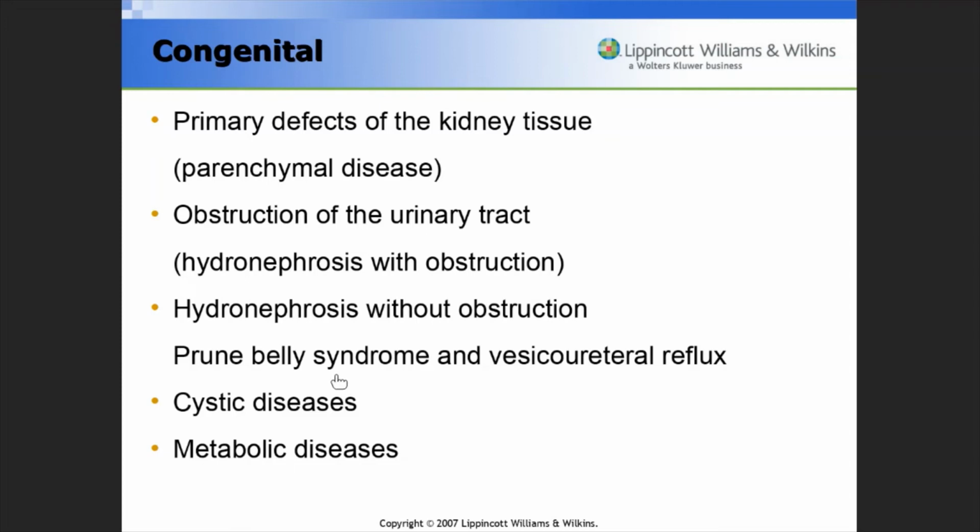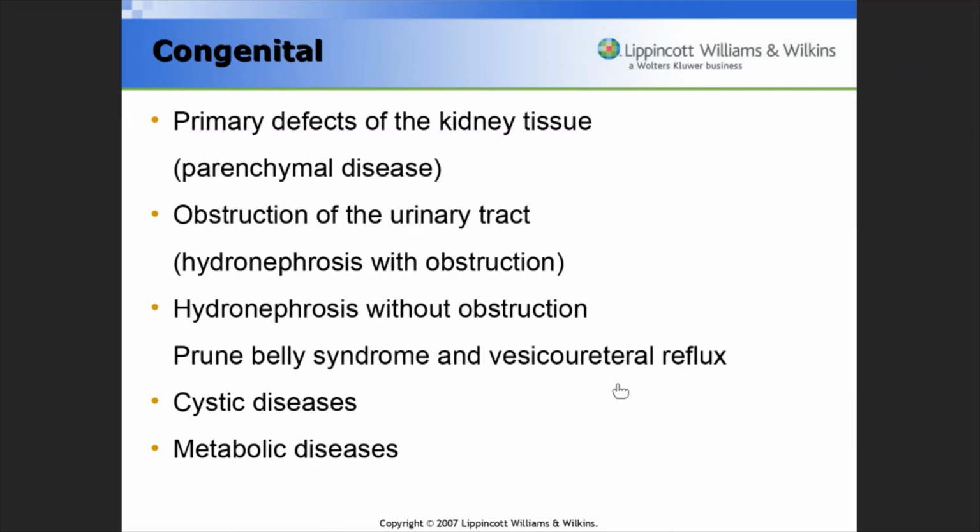Okay, and so the urinary bladder is flaccid, and it's harder to expel the urine. So typically, the urinary bladder will get filled really full, and incontinence is very common in prune belly children.